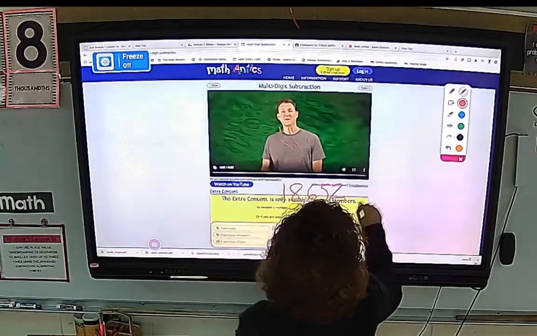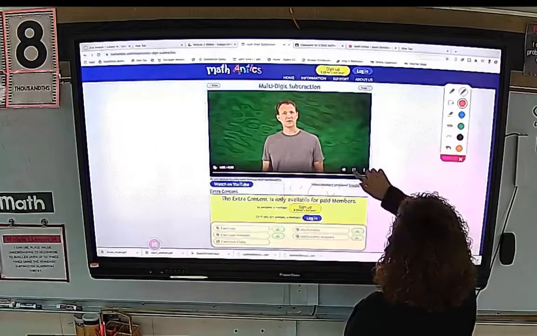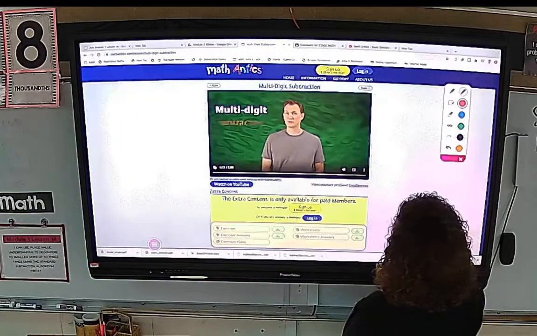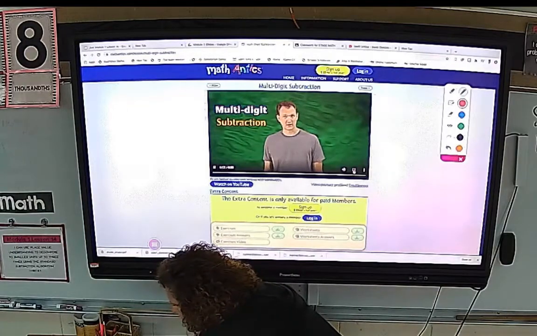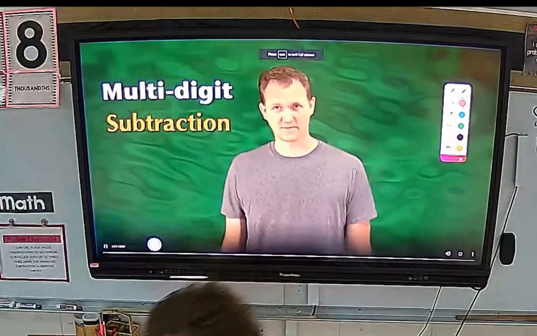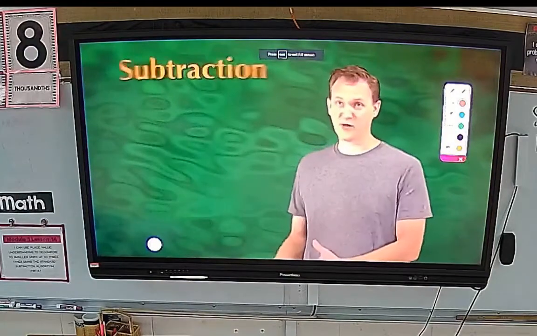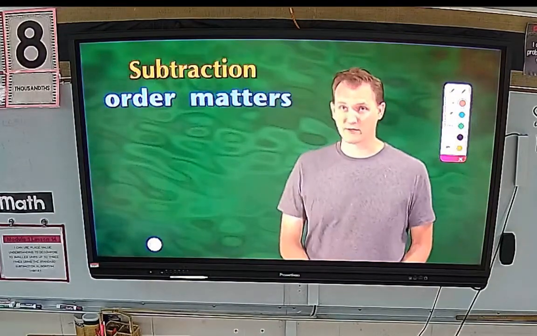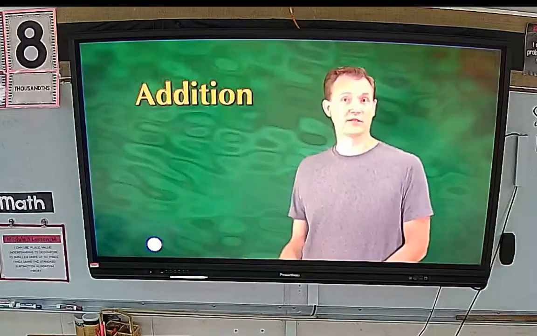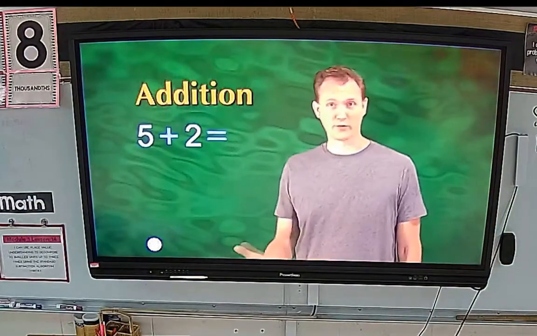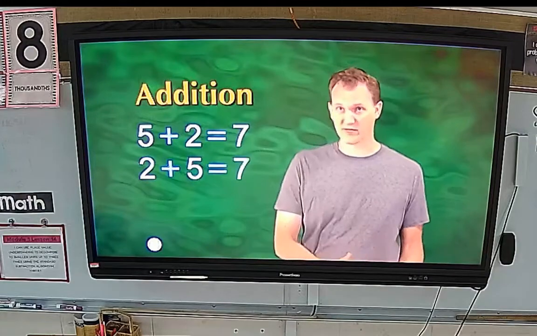Okay. Hi, and welcome to Math Antics. In this video, we're going to learn how to do multi-digit subtraction. It's similar to doing multi-digit addition like we learned in our last video, but there's a few important differences. The main difference is, with subtraction, the order of the problem matters. With addition, you can switch the order of the numbers you're adding, and you'll still get the same answer. 5 plus 2 equals 7, and 2 plus 5 equals 7.